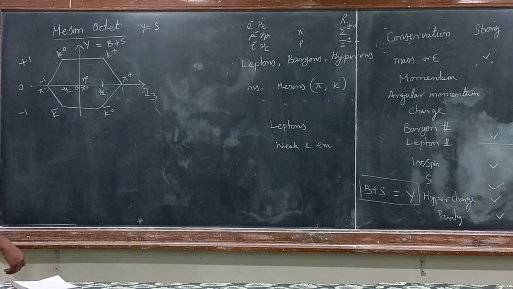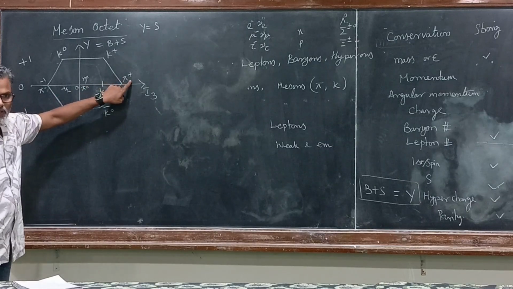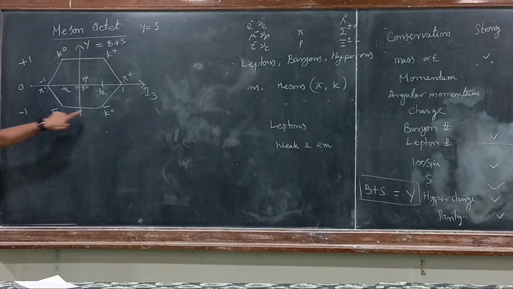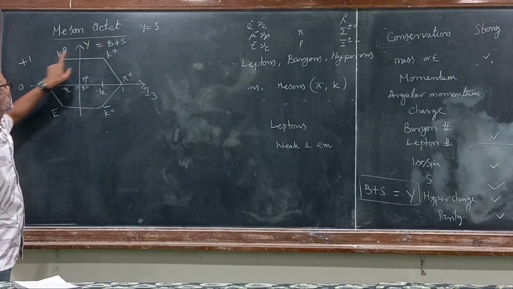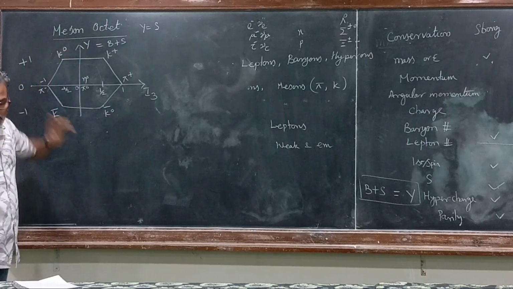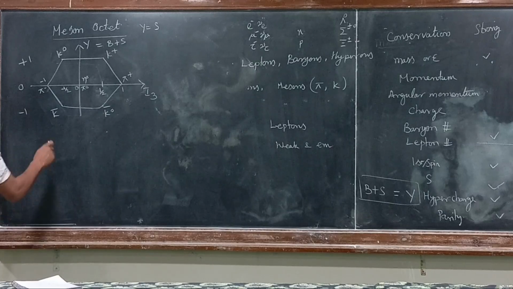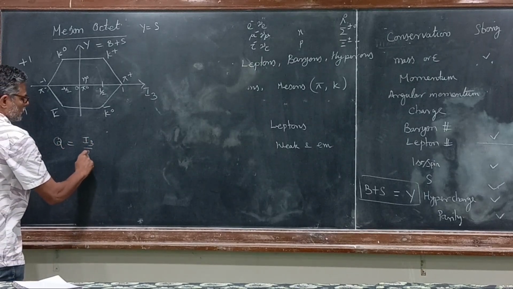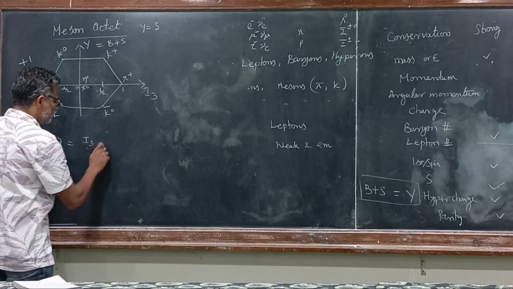Therefore, if someone asks for the charge value, from here you can get the charge information. Pi plus is a plus charge, pi 0 neutral, pi minus negative, K minus negative, K0 bar neutral, K plus a plus charge. The charge Q can be defined as I3 plus y by 2.